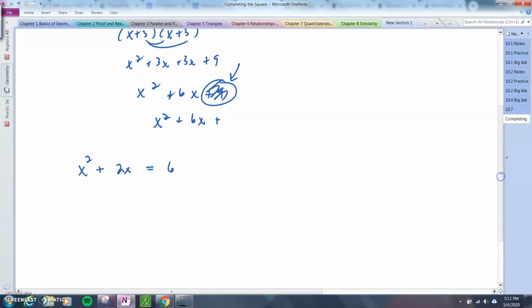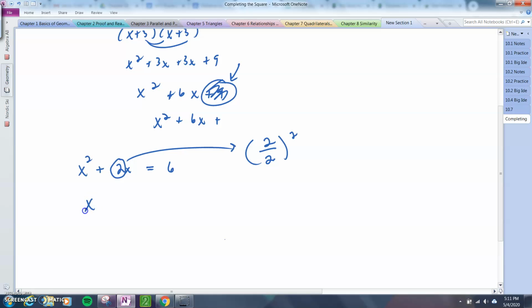Well, what you end up doing, like I said earlier, is you take the coefficient that's in front of that x. I'm going to just do a little work over here. You always divide it by 2, and then you square it. Well, in this case, 2 divided by 2 is 1, and then 1 squared is just 1.